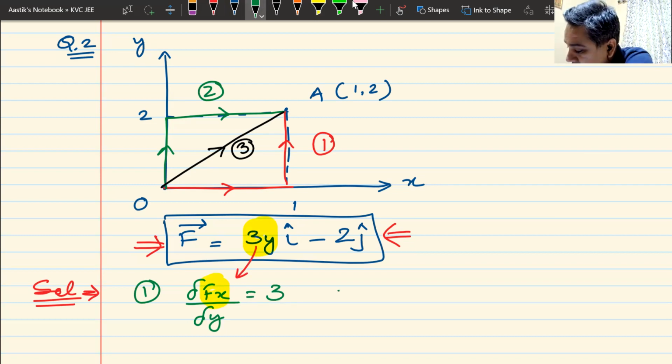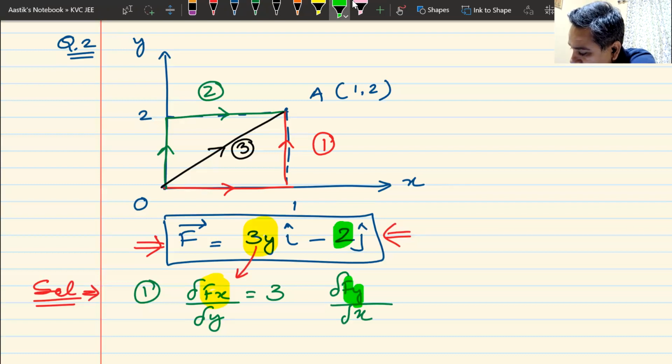Second thing that we do, del of fy. Oops, not fy. I've written y, but I've said fy. Del of fy with respect to del of x. What is the answer to this one? Oops, wrong color. What is the answer for this one? 0, sir.